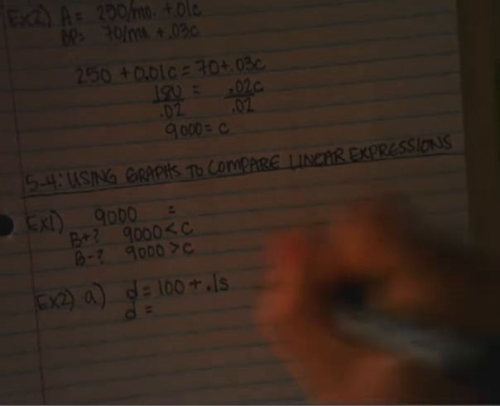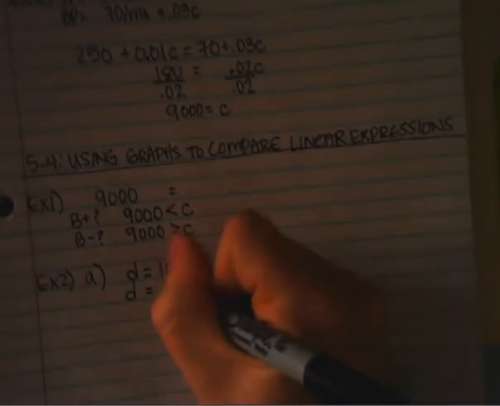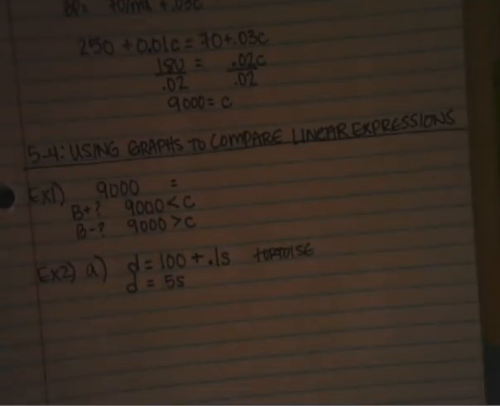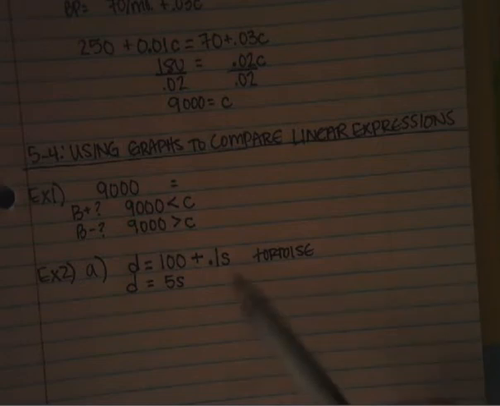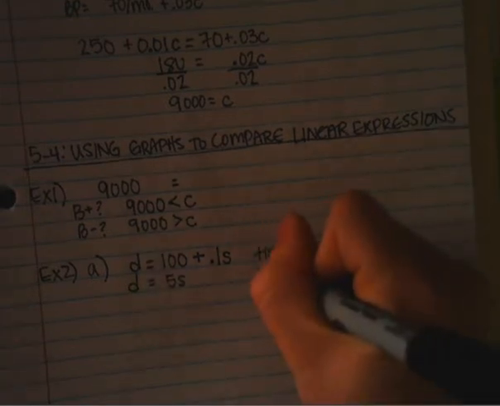So this is the tortoise. And the hare runs at 5 feet per second. Okay? So now we can plug in any amount of time, and then it'll tell us what their distance is. Okay, so that's part A.